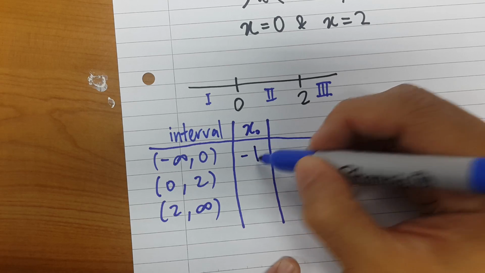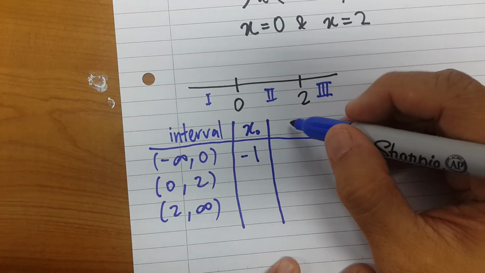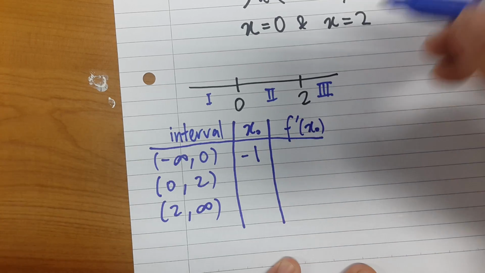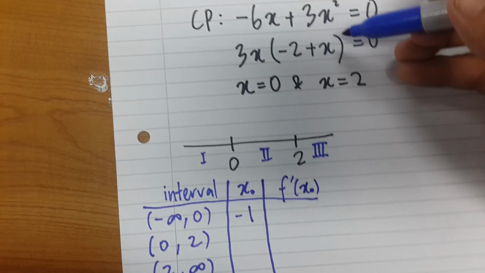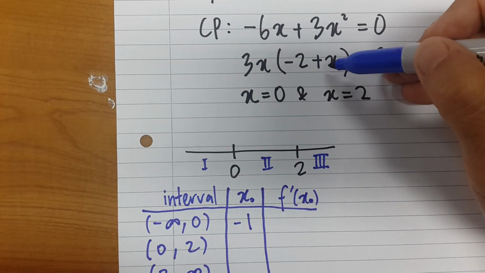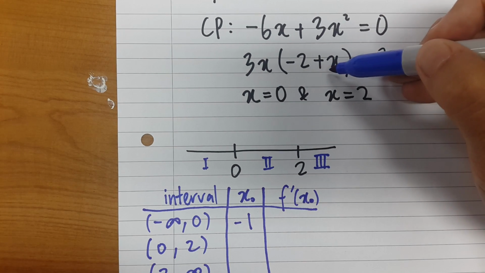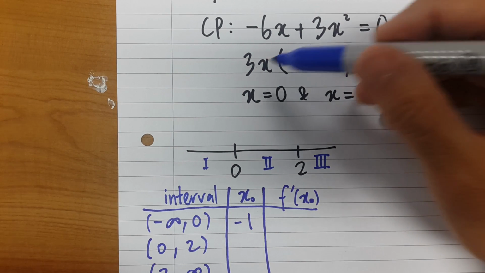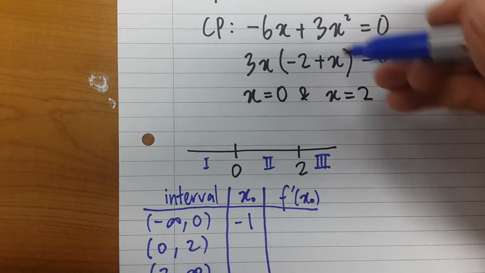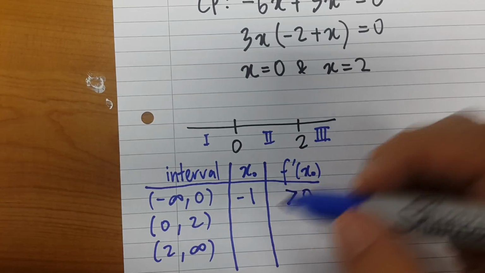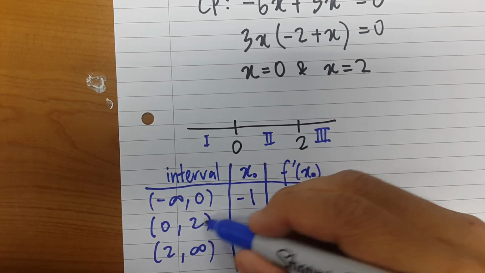So let's choose negative 1, and for f prime x naught, if we substitute negative 1 here, you are going to have negative. Substituting negative 1 here, also we are going to have negative. Negative times negative gives you positive. Now let's try this one.